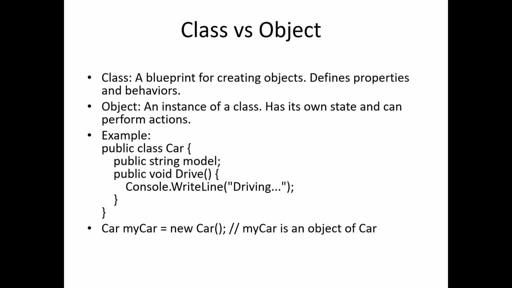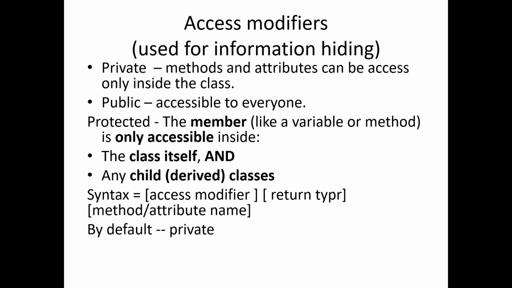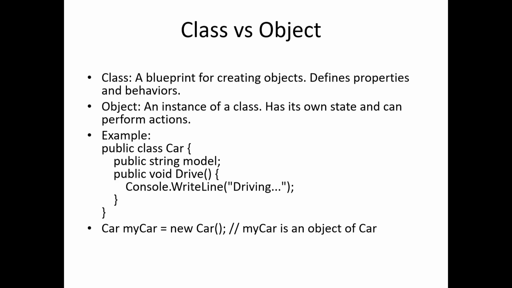The private access modifier means that methods and attributes can be accessed only inside the class. Like if we have the Faculty class with attributes like name, department, salary and experience, these attributes can only be accessed inside that class.